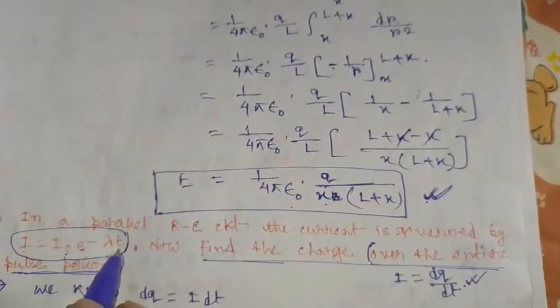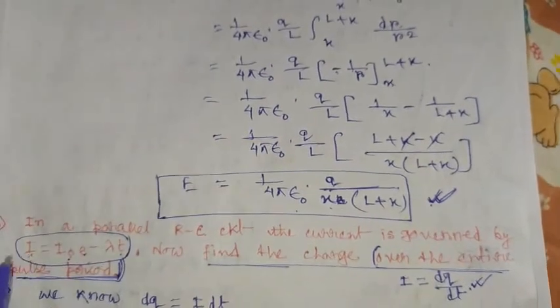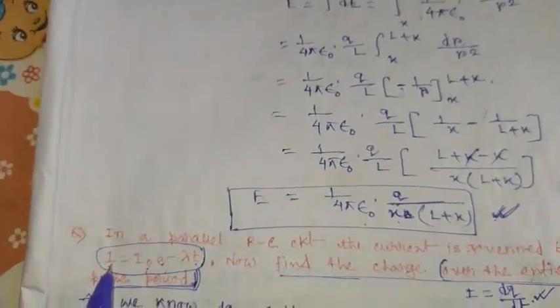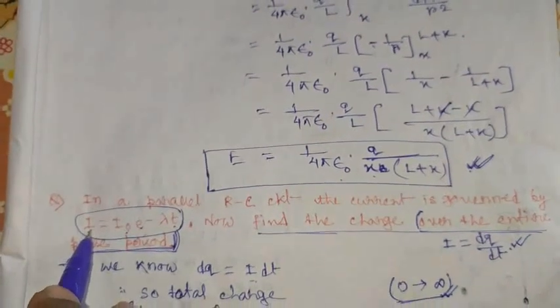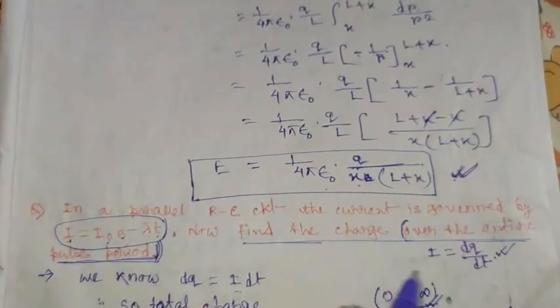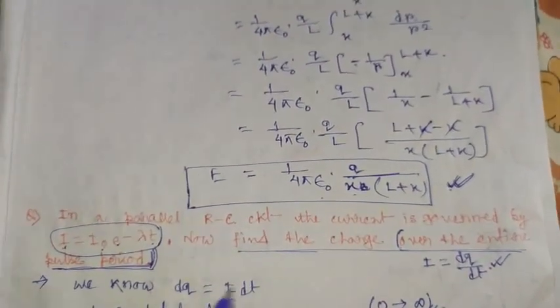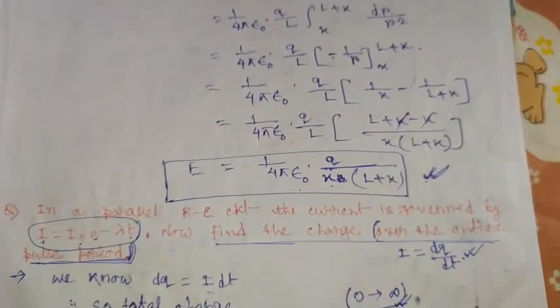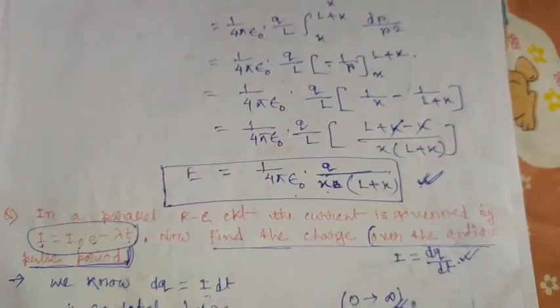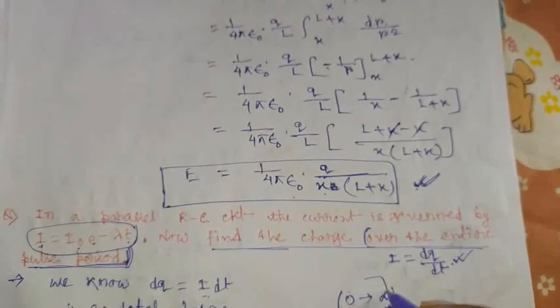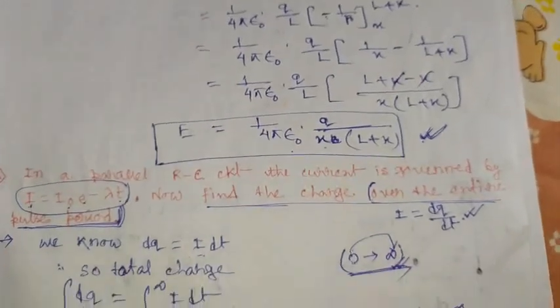When time t is infinite, the current is 0, so to find the total charge, we have to put the limit from lower limit 0 to upper limit infinity.